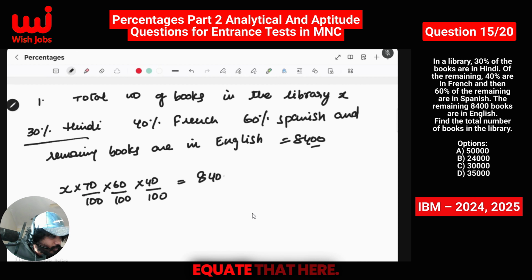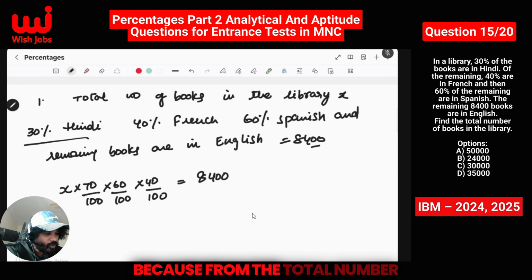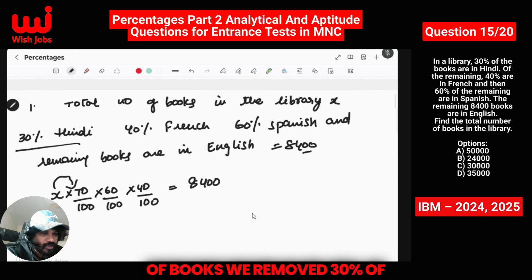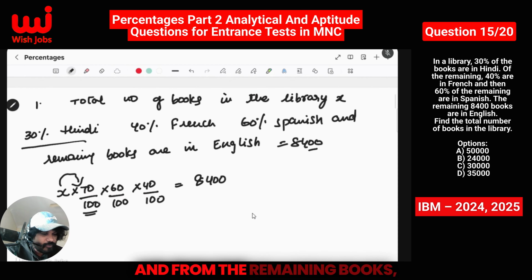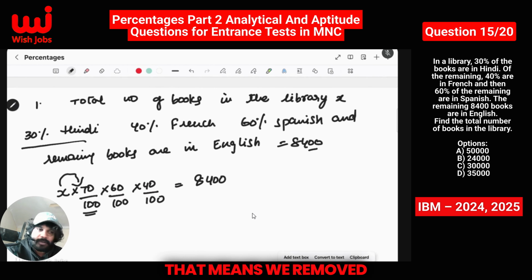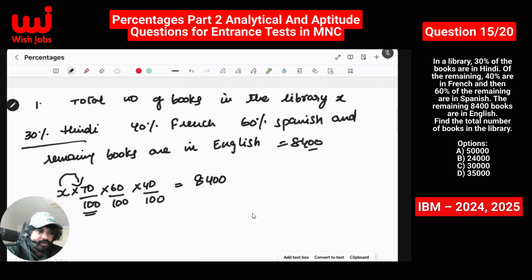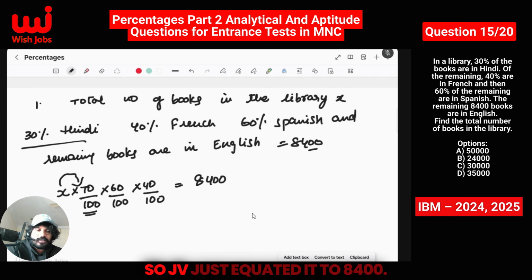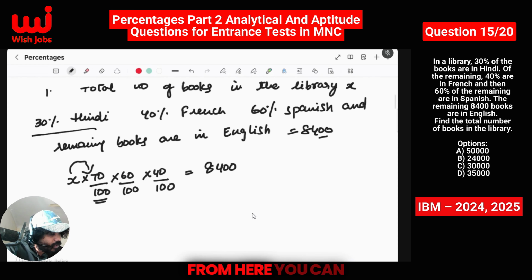So you need to equate that here, because from the total number of books, we removed 30% which are in Hindi, and from the remaining books, 40% French, which we already removed, and 60% Spanish, which we removed there. So whatever remains is only English. So we equated it to 8,400. From here, you can cancel the zeros. 7 sixes are 42.